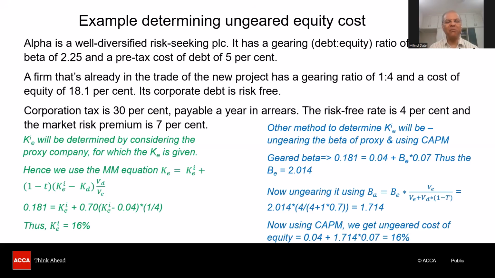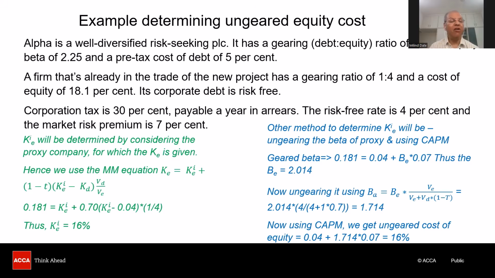Students generally make a mistake because they are so well versed with, okay, first ungear, then re-gear. No, you want the ungeared cost of equity, and therefore you need not re-gear it, but directly apply CAPM. You see the answers by both are the same, which is of course the 16% cost of ungeared equity.